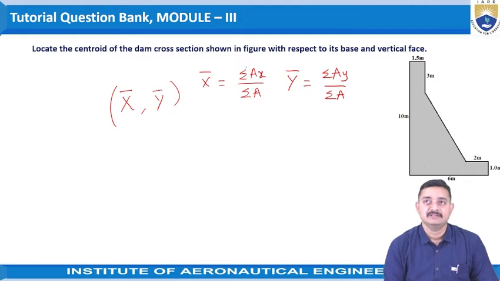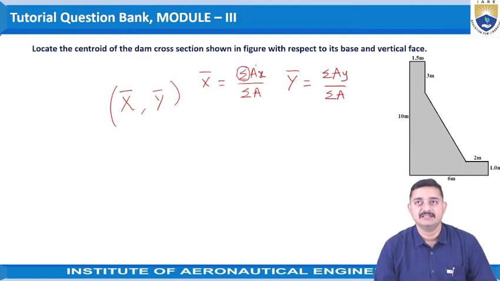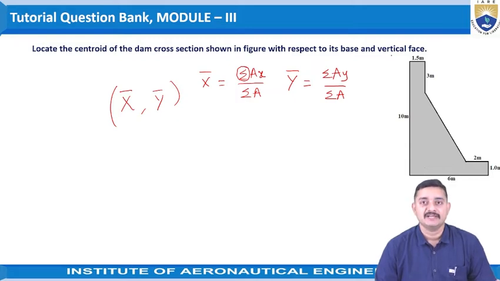So why are we giving this sigma symbol here? Why are we applying the summation symbol here? Because if at all any complex or complicated surface is given, like 2 or 3 or more than one surface combined and given as a single component, then we will be dividing this complicated surface or complicated area into known parts, regular shaped objects, whether it may be a triangle, a rectangle, or a square.